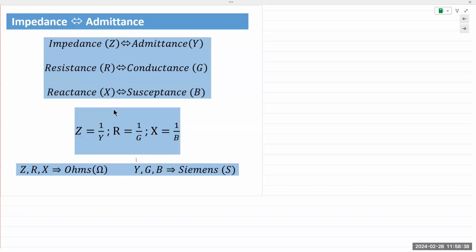Susceptible, that's where it comes from. The unit for impedance, resistance, and reactance is ohms. The reciprocals are named after the German physicist Siemens. I can't remember the first name, Carl or Joseph, but named after the German physicist Siemens.